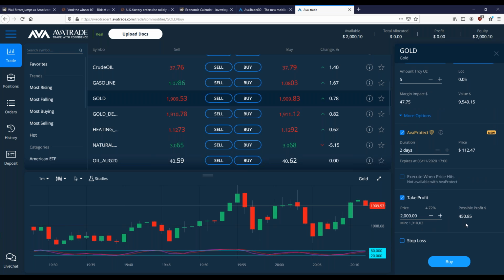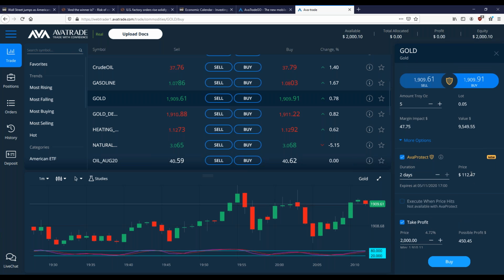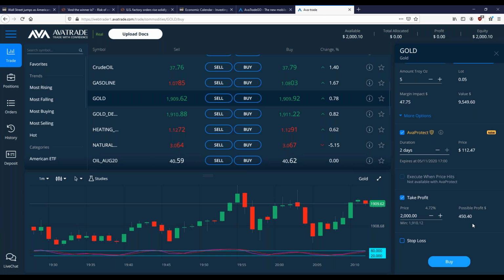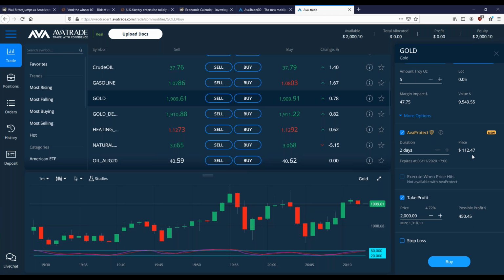So now I don't have a stop loss, and I'm paying, I should say, 112 for the protection, and my potential profit is 450. So if I use the Ava Protect like this, I only have to be right once out of every 4 times, and I would profit. My potential profit's 450. I'm paying only $112 for 2 full days of protection.